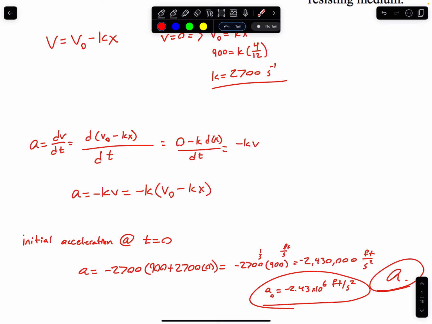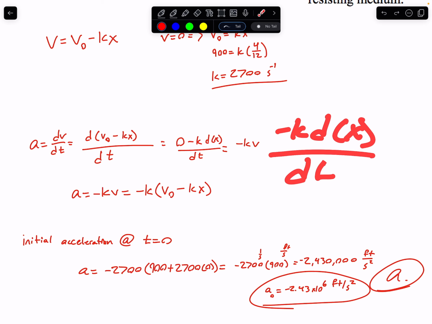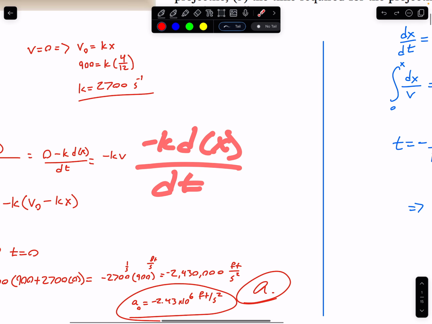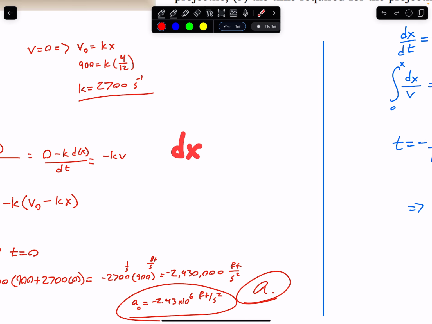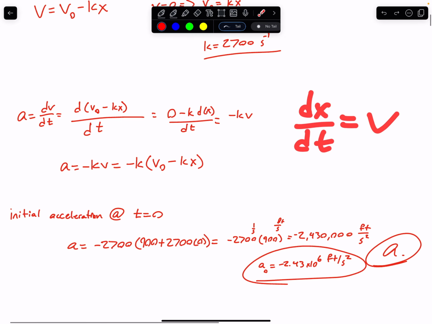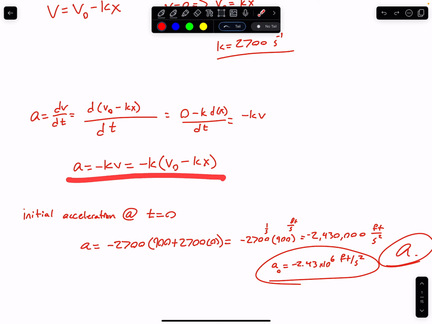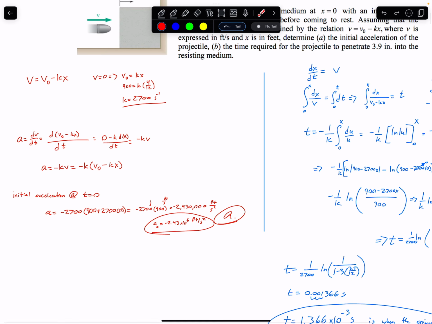Going back over the problem, we have minus kx, and then it is the same as minus k times dx over dt, and we know that dx over dt is equal to v, so we get a equals negative k times velocity.